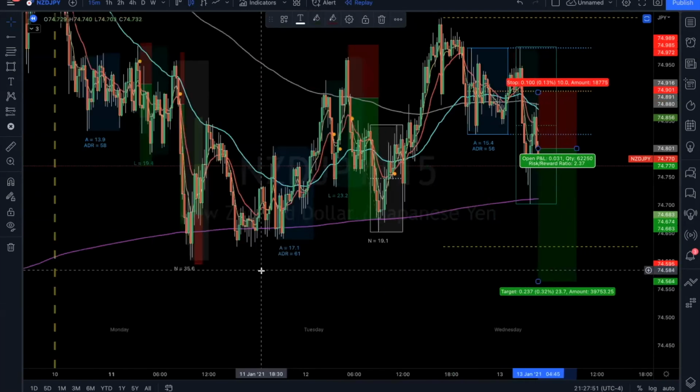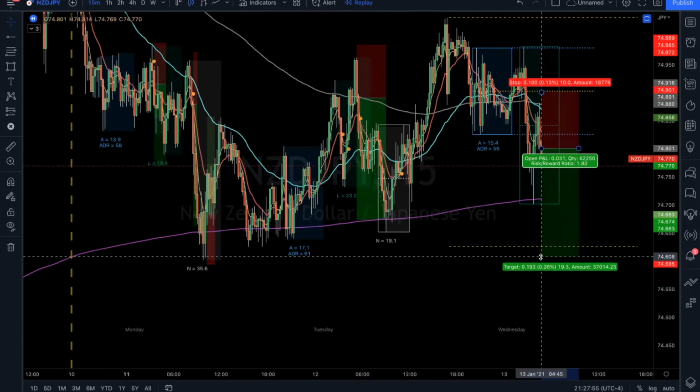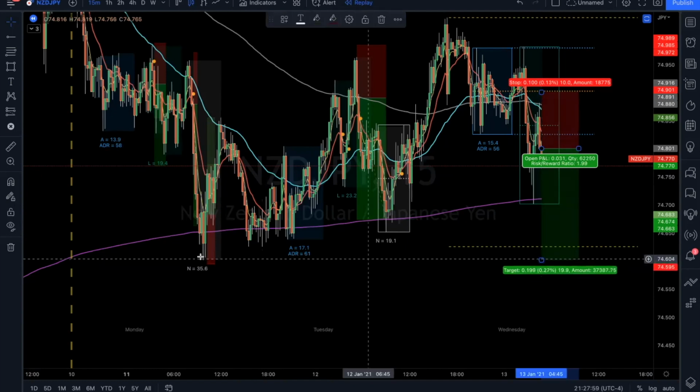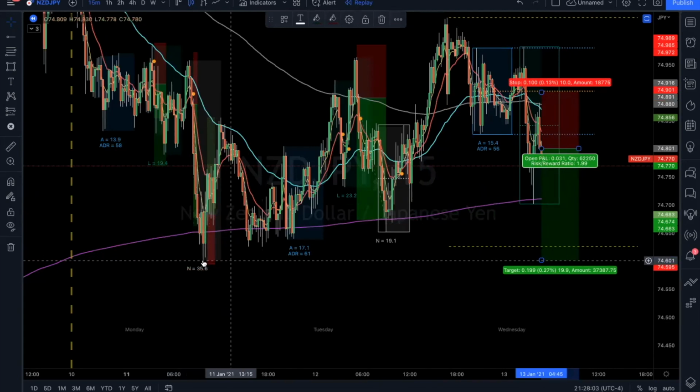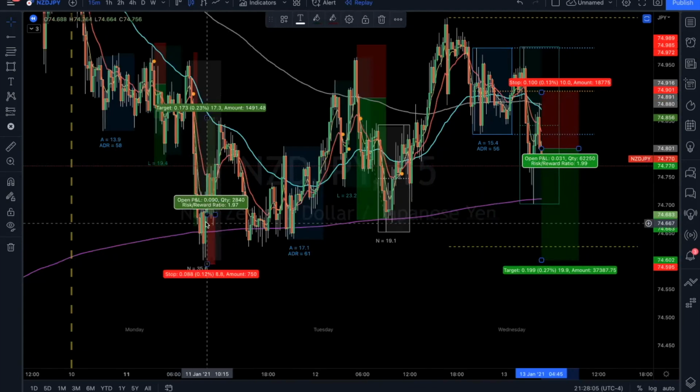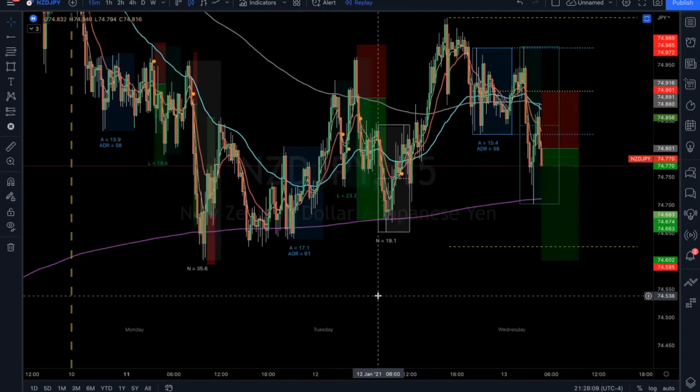Where could you go to? To go to the previous days. You can make it a 2-to-1 to go down to the previous days or previous week's, beginning of the week's low, to make it a 2-to-1.